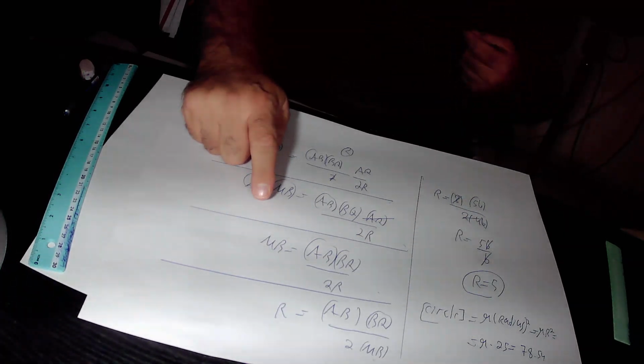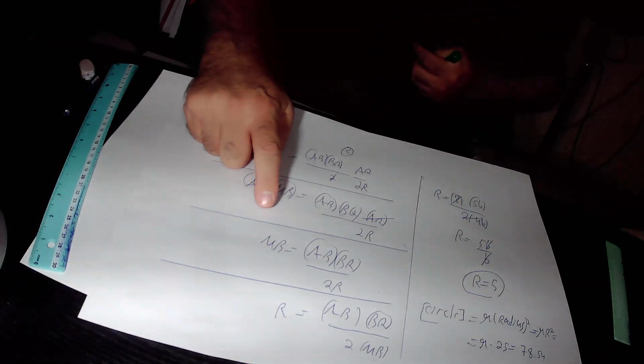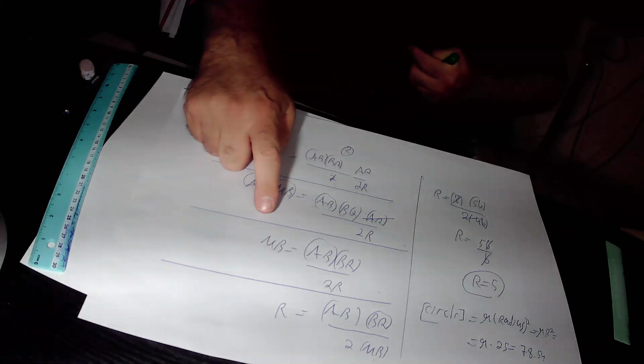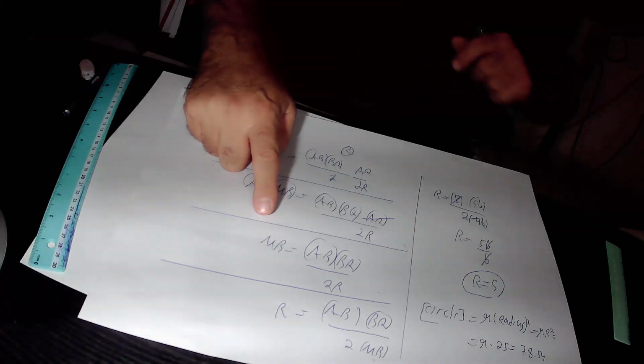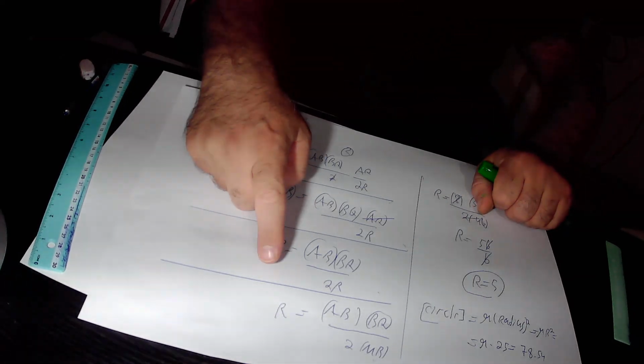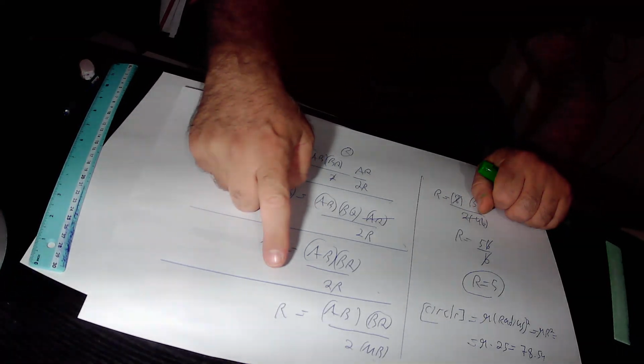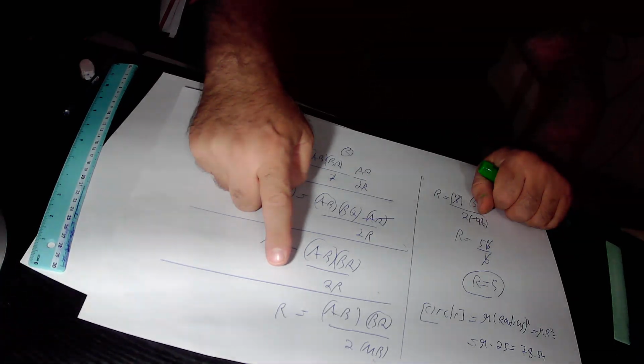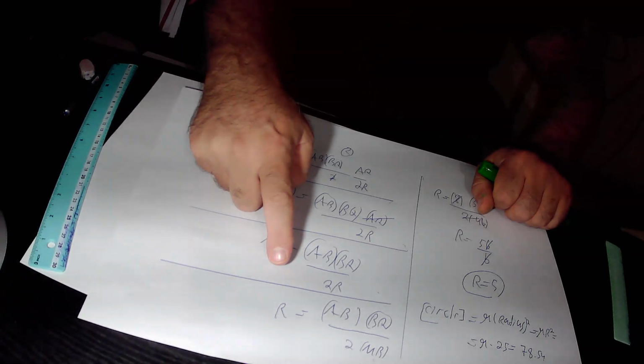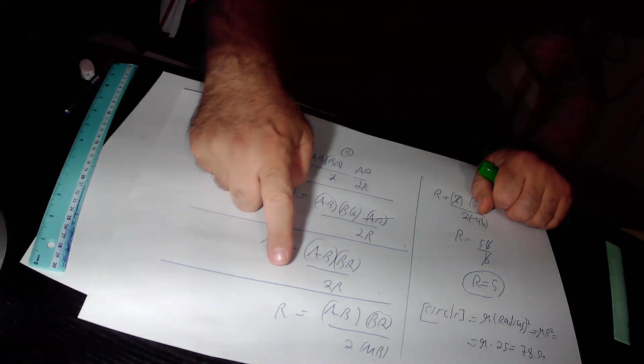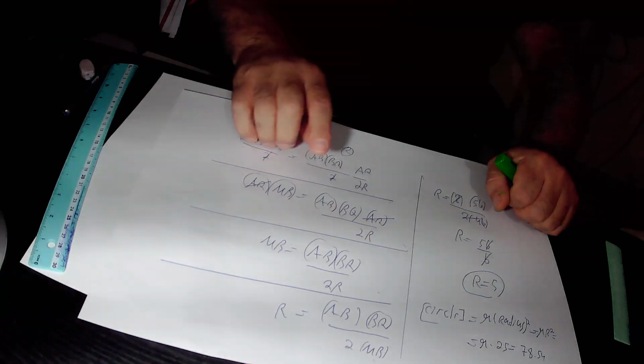Here we multiplied this equation by R, and then divided by MB, and found that R, the radius of the circle we are looking for in this question, is equal to AB times BQ over 2 times MB.